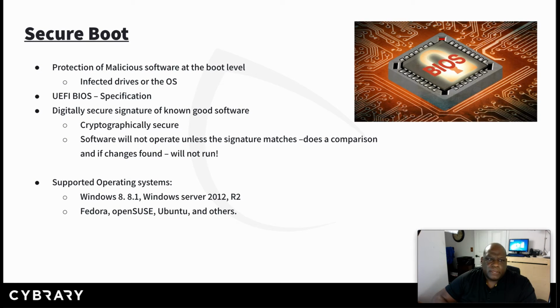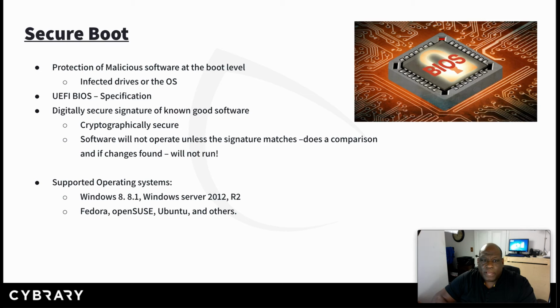Secure Boot. Today's technologies keep our systems safe from malicious software at the boot level, protecting them from infected drives or operating systems. Now, Secure Boot is a UEFI BIOS specification, so it's on the newer BIOSes. Basically, it's a digital signature of known good software. It's cryptographically secure.